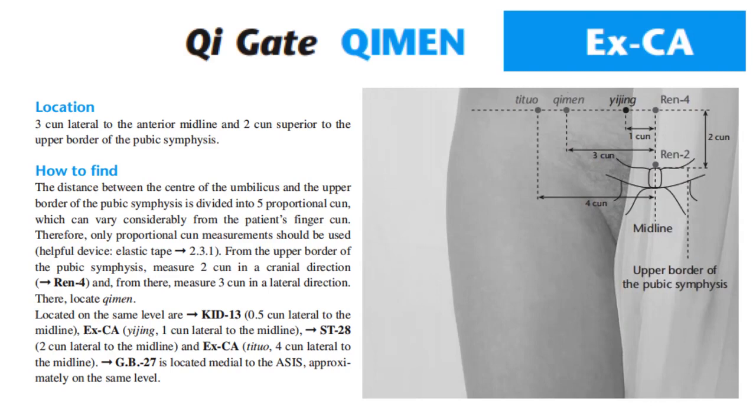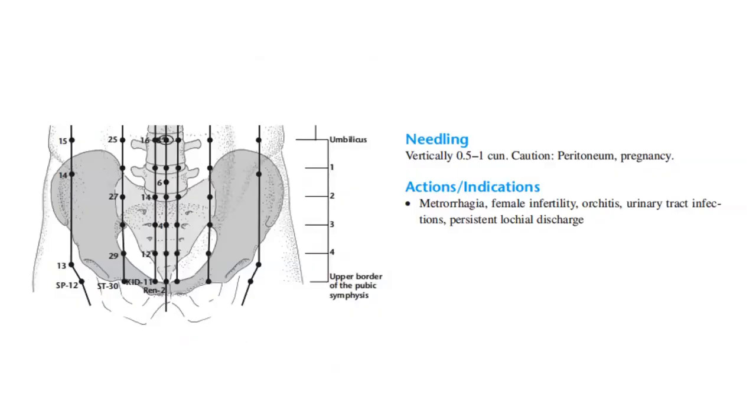Located on the same level are kidney 3, which is 0.5 tune lateral to the midline, EX-CA extra point, which is 1 tune lateral to the midline, and stomach 28, which is 2 tune lateral to the midline, and EX-CA extra point, which is 4 tune lateral to the midline. Also, GB27 is located medial to the ASIS, approximately on the same level.